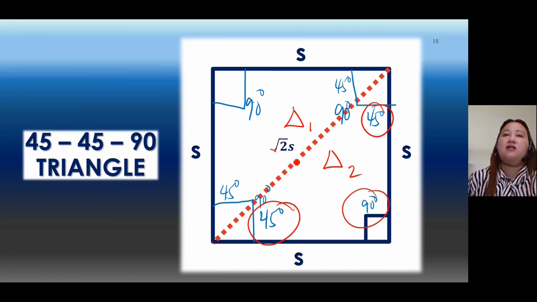So in Pythagorean, we do have here the two sides S and another S. You just assign one theta. Then identify which is the opposite, adjacent, and hypotenuse. Then you'll come up with the square root of 2s. Same solution for the other special triangle.